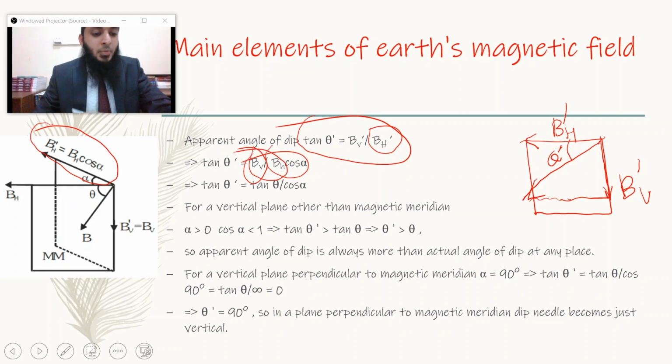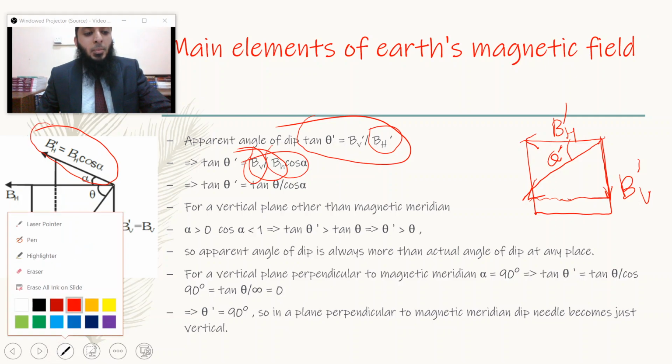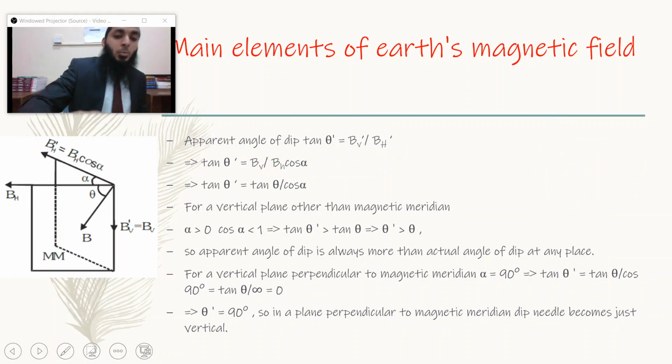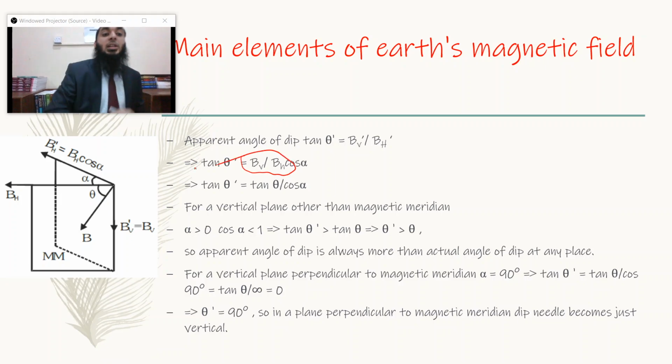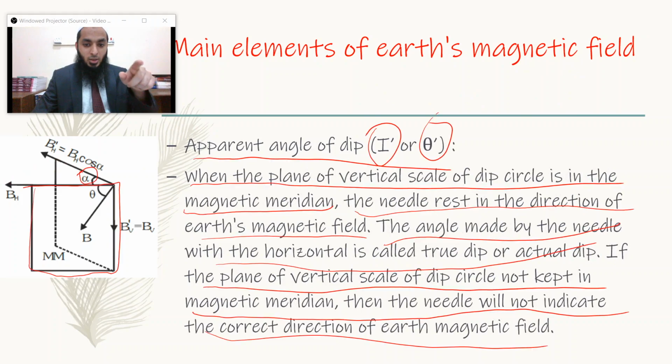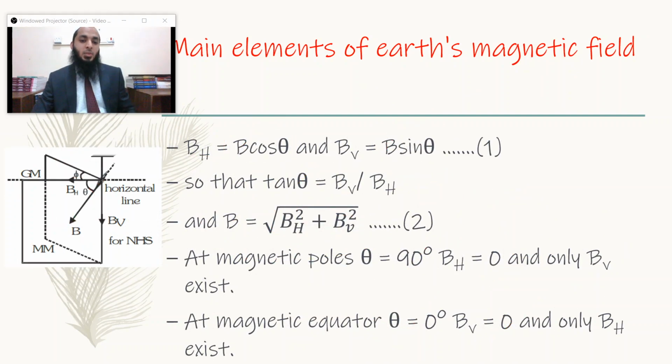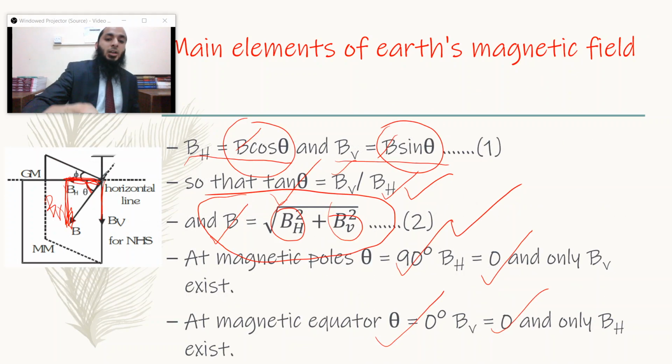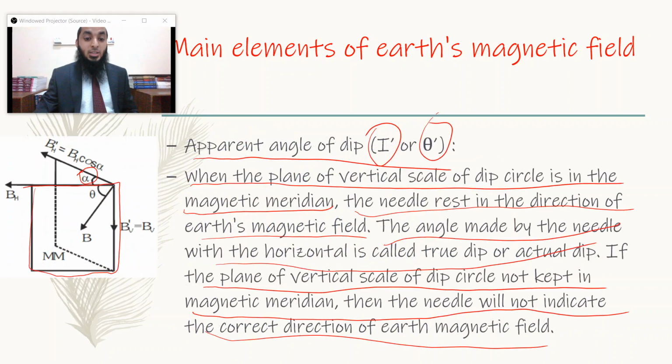We have already learned that BV divided by BH is tan theta. I'll clear that and make you understand clearly. We saw that tan theta is equal to BV divided by BH, and you can substitute that there.